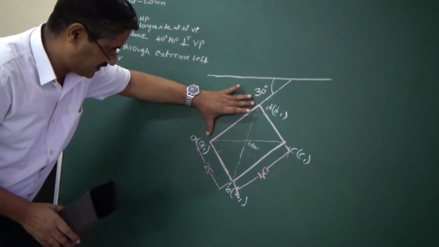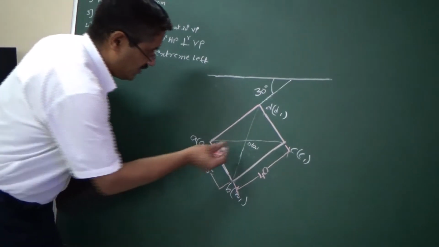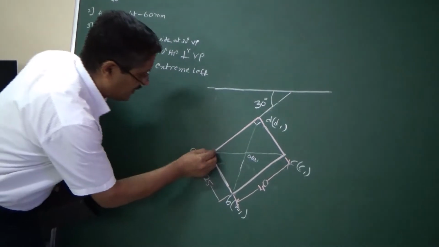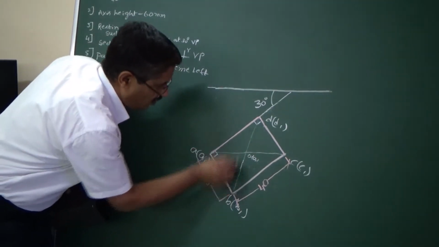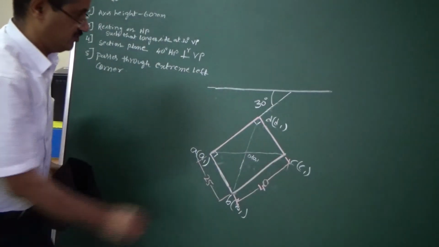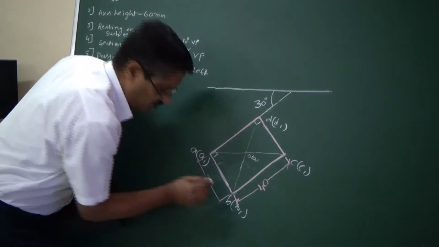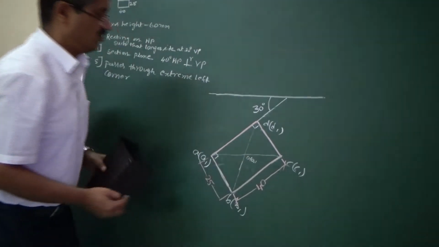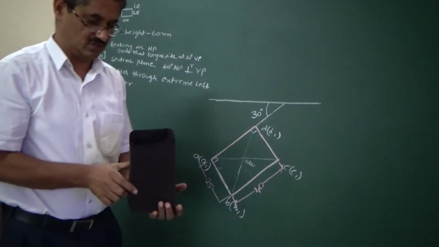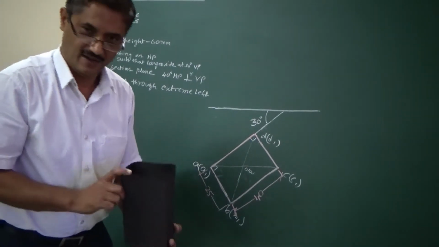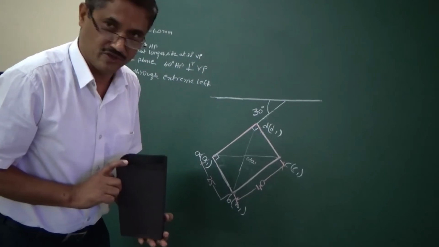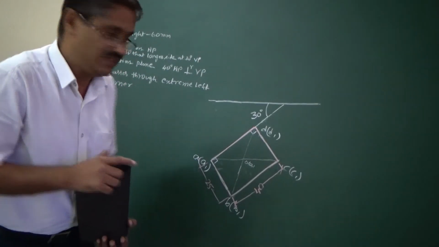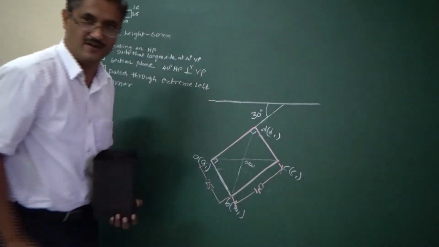Then you maintain 90 degrees here and 90 degrees here, drawing perpendicular lines of 25 mm length, and then join them. Now this is the top view. If the solid is resting like this, when you look from the top, the rectangular true shape in the given condition is drawn here.